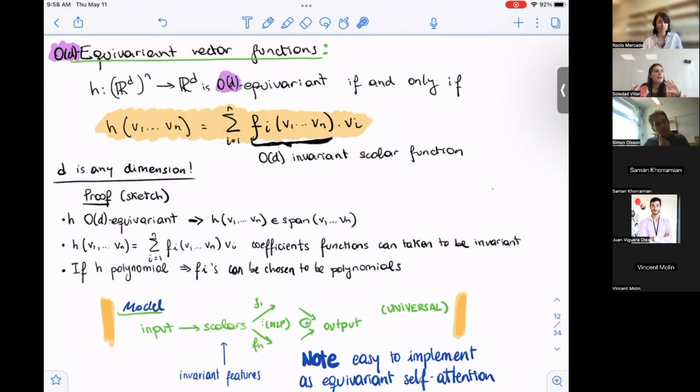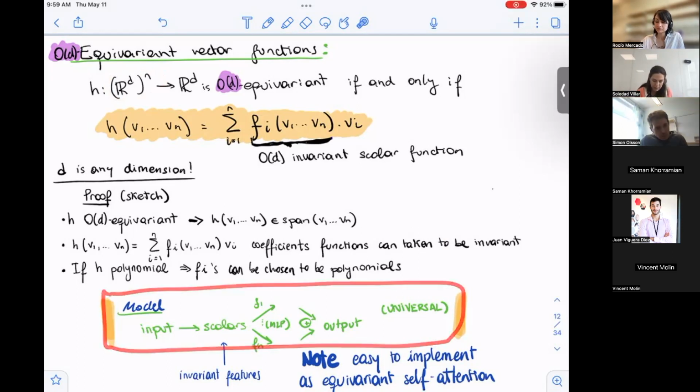But there is a general construction in invariant theory that allows you to go from invariance on copies of a space to equivariant functions. I have a slide on it later on. So you can use the notion of invariance to parameterize the equivariant functions, and you can just define an architecture in these terms.